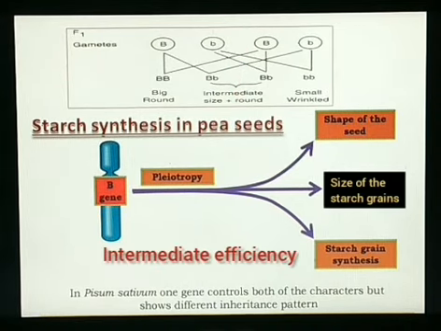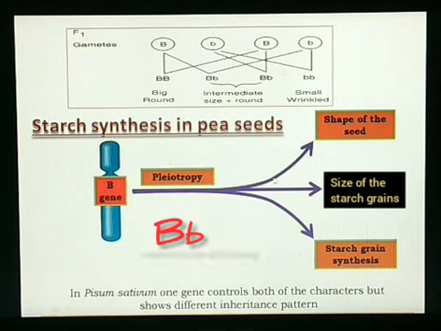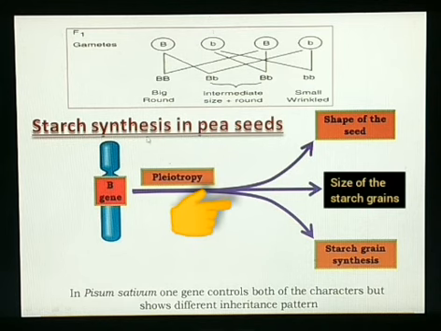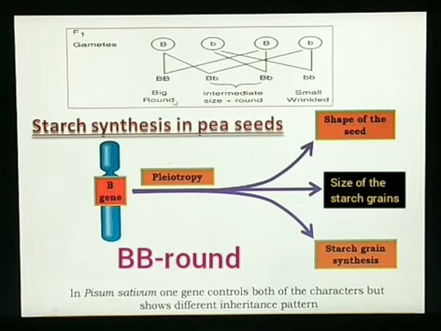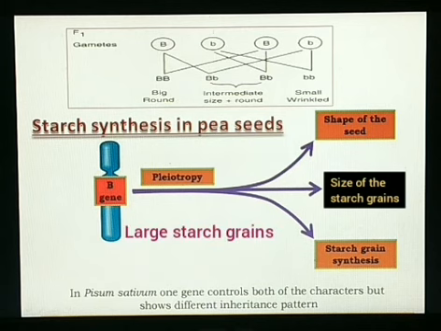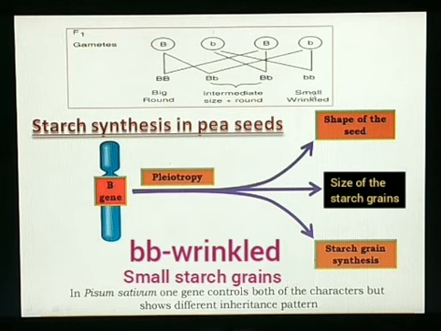So here the B gene shows pleiotropy, that is, it is expressing not only starch synthesis but also the shape of the seeds as well as the size of the seeds and starch grains. Here we see that capital B are the round seeds and bigger in size, whereas small b are small seeds and they are wrinkled.